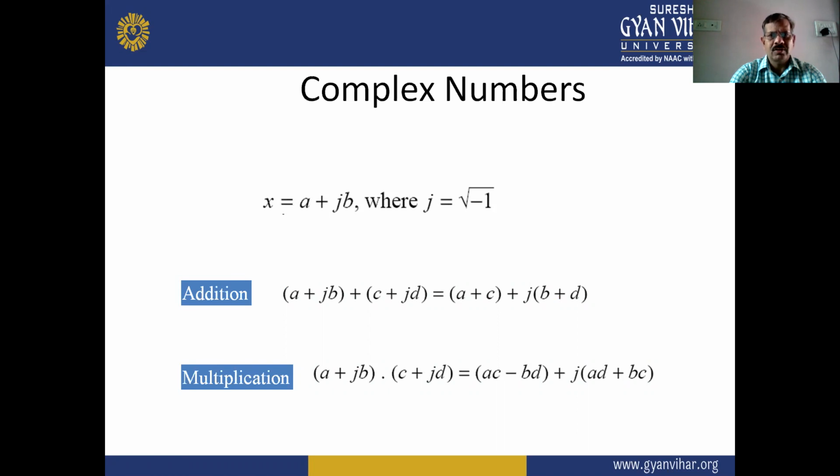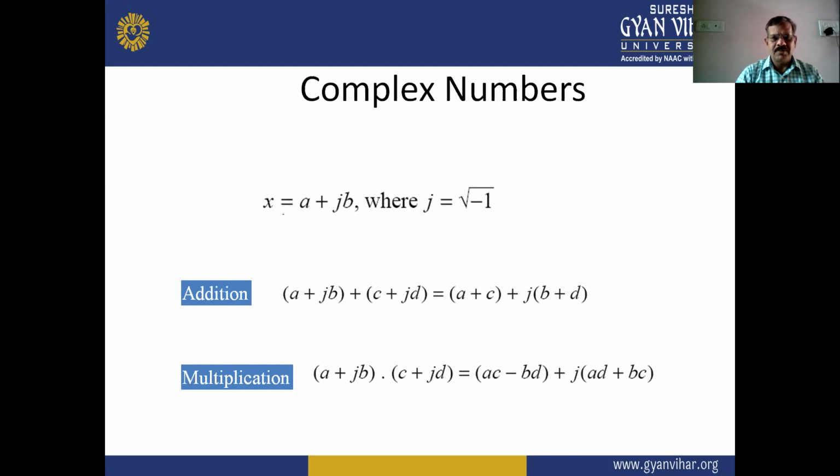So what is a complex number? Suppose x equals a plus jb, where j equals the square root of minus 1. If we want to add two complex numbers, we can write a plus jb plus c plus jd equals a plus c plus j times b plus d.